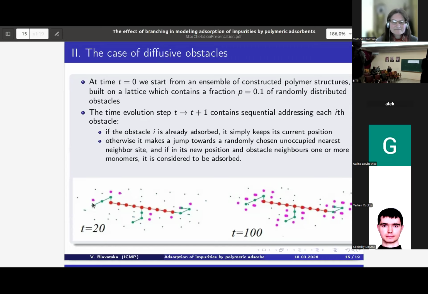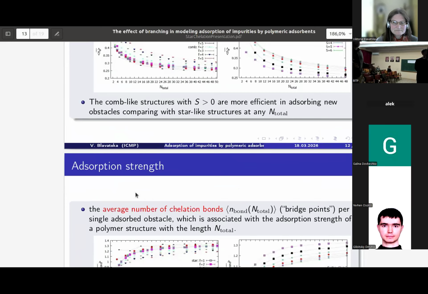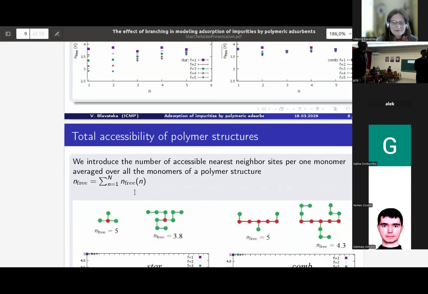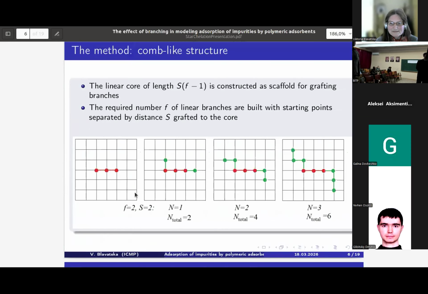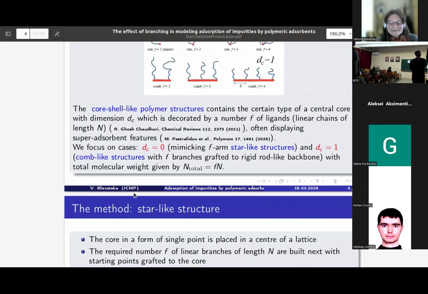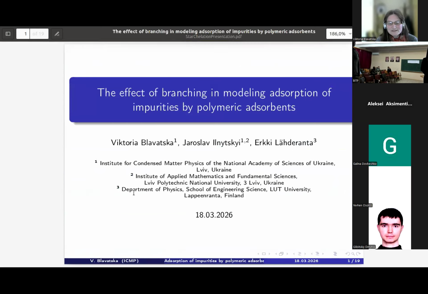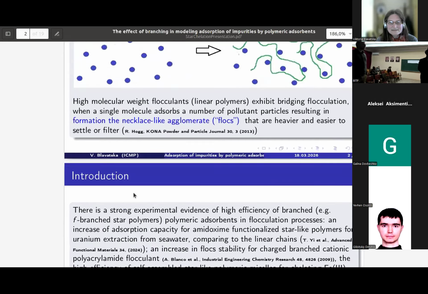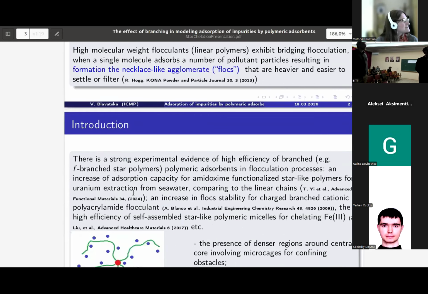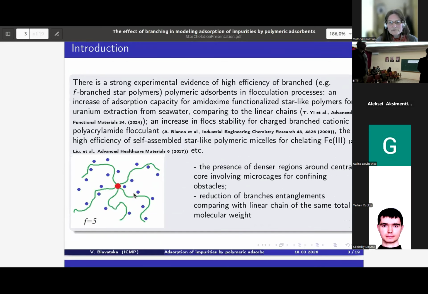Macromolecules, colloids, polymers, or metal ions? Somewhere at the beginning I mentioned very shortly some related experimental situations. Originally our interest in this study was related to problems of wastewater cleaning, for example, from mercury ions, and so on.